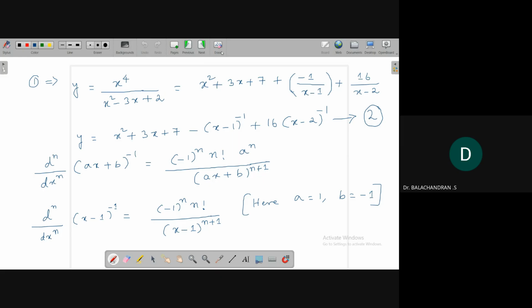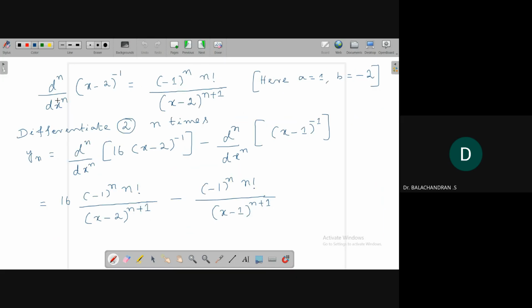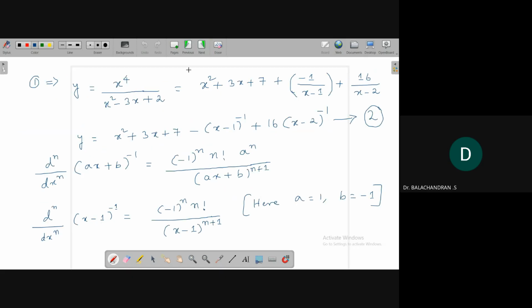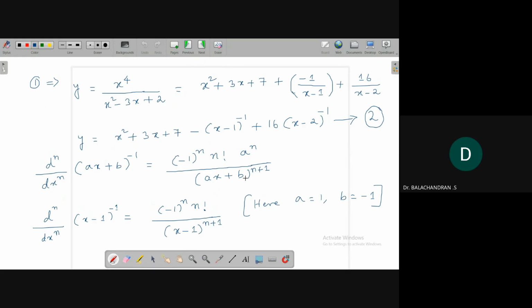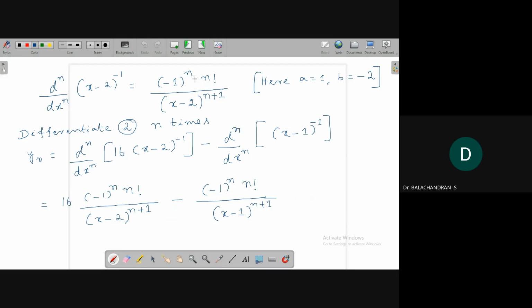If I apply a equal to 1 and b equal to minus 2, we will get nth derivative of (x minus 2) whole power minus 1 is equal to minus 1 whole power n into n factorial into 1 power n, which is 1. In the denominator, ax plus b, a is 1, b is minus 2, so (x minus 2) whole power n plus 1.